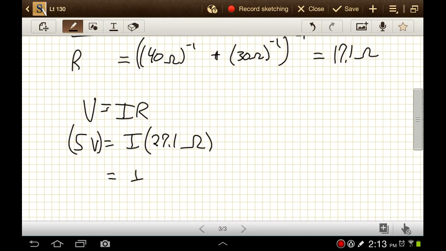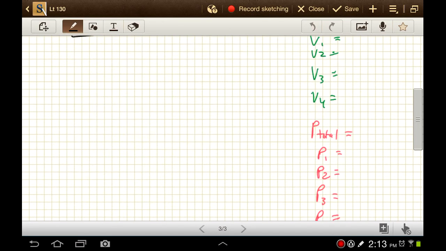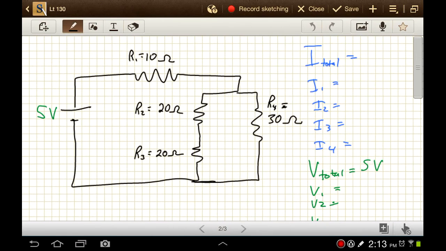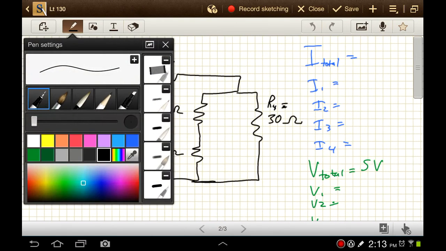And divide both sides by 27.1. And we get our current of 0.185 amps. Alright, back to here. Current total is 0.185 amps.